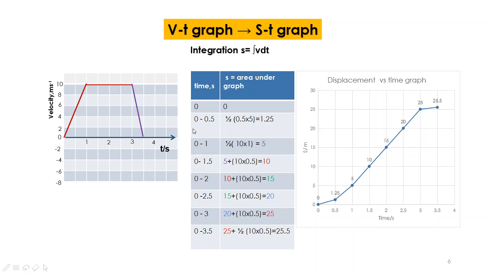From 0 to 0.5 seconds we get 1.5 area, 0 to 1 equal to 5, 0 to 1.5 seconds we get 10, then 0 to 2 we have 15, 0 to 2.5 the total area is equal to 20, 0 to 3 seconds the total area is equal to 25, and 0 to 3.5 we get a total of 25.5.